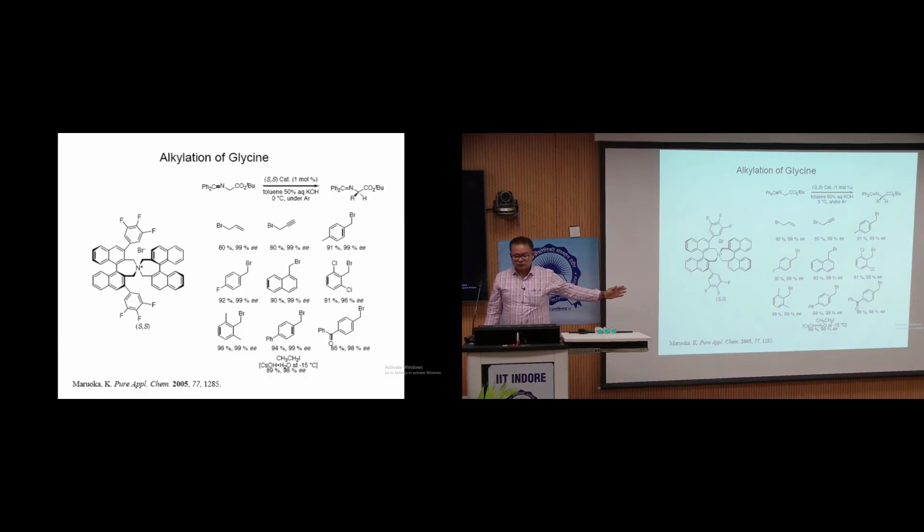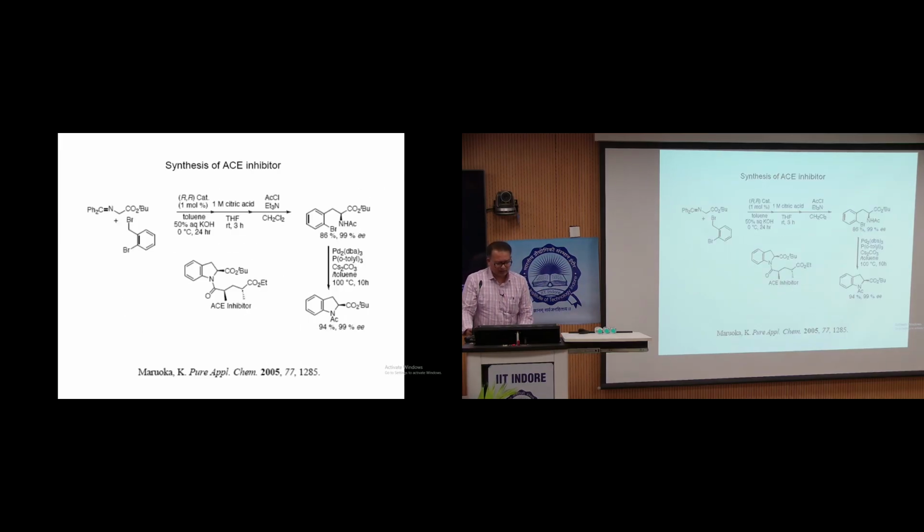So I think this was one of the first applications where we use an organocatalyst to go for an alkylation of a glycine, and it gives us 98 to 99% enhancer selectivity. Catalyst used is 1 mole %. Not only this, they have also used it for synthesis of pharmaceutically important natural products like ACE inhibitors. You can see they have done multiple step reactions, finally delivering this inhibitor with fantastic yields and enhancer selectivity.